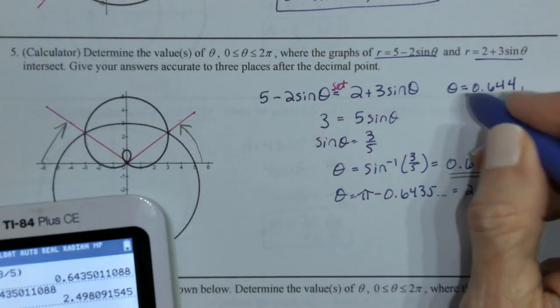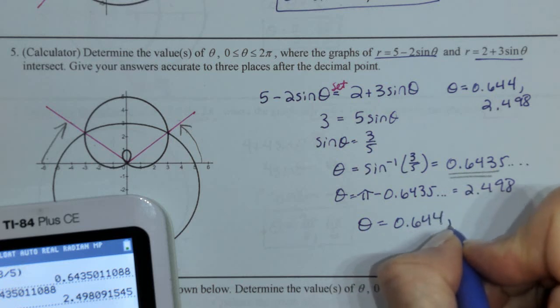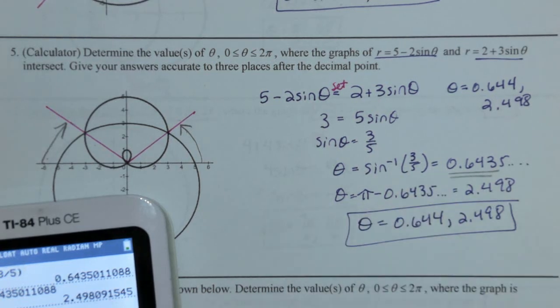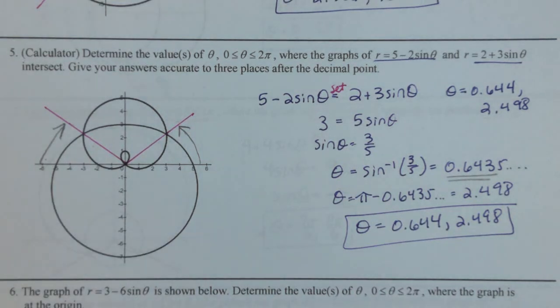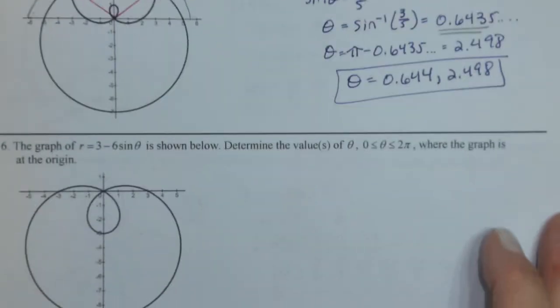So either way, I get these two numbers. Okay, I like both methods. They're both good. Let's do one more.